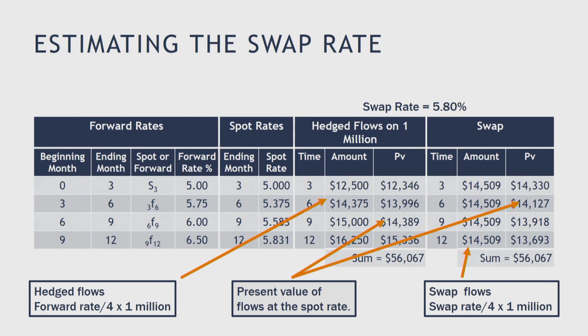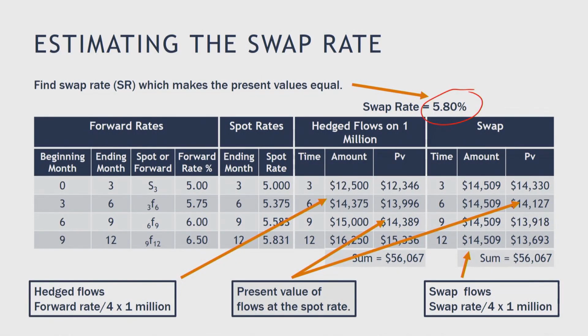And doing that, it turns out, lucky guess, 5.8% gives me a present value of the swap flows of 56,067. So basically, the fixed swap rate which makes the present values equal is 5.8%. I was lucky here. I just picked the rate that worked, okay? So it was pretty lucky.